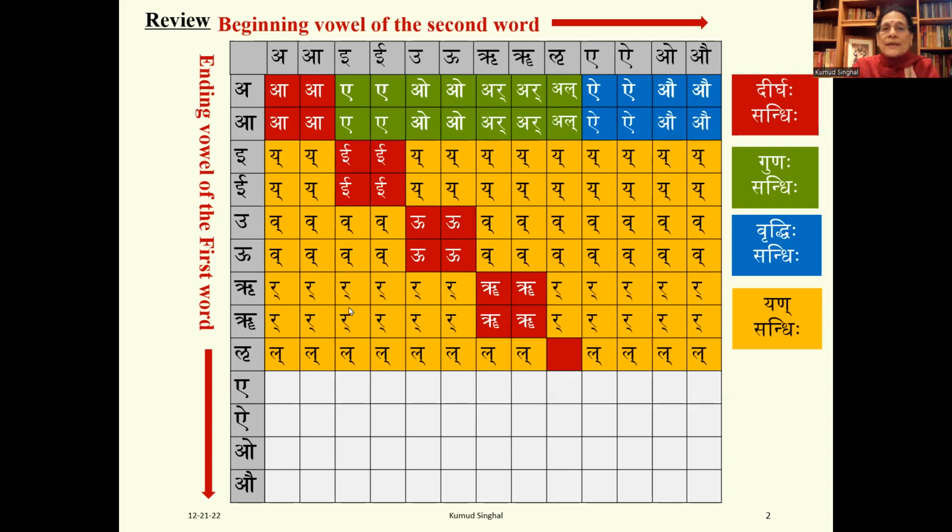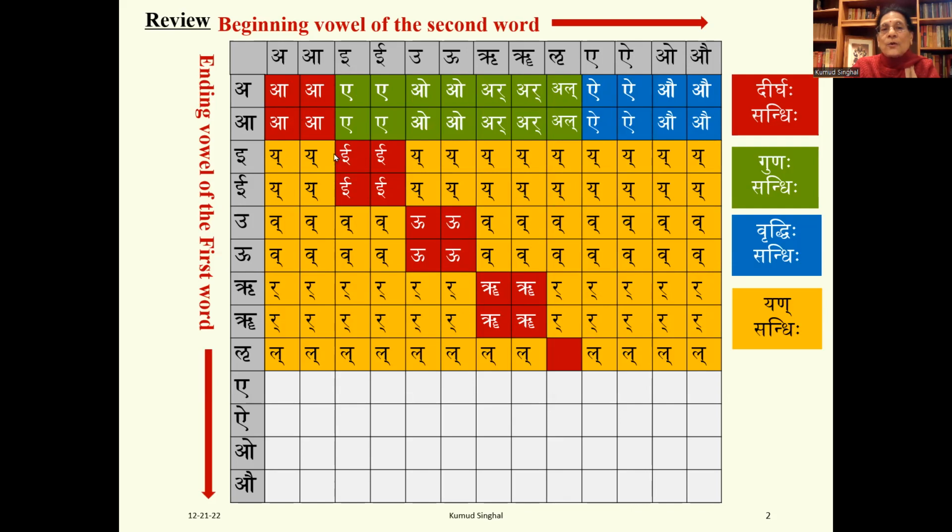The sandhi represented in orange is called yan sandhi. The yan sandhi says that if i or ī is followed by any dissimilar vowel, then it is replaced by a semi-vowel y. So if i is followed by a or ā, then it is y.